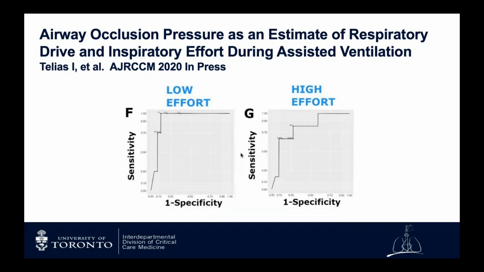And if you're looking to rule in or rule out high or low effort, it has reasonable operating characteristics. So if the P0.1 is less than 1, you can be pretty confident that the patient is being over-supported. Whereas if the P0.1 is above 4.5, you can be fairly confident that they really are making high efforts to breathe.